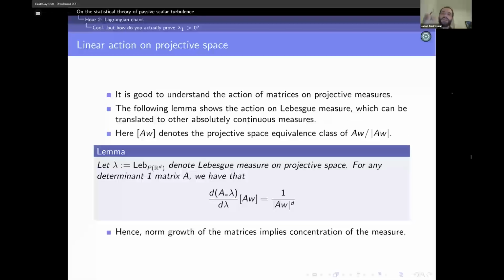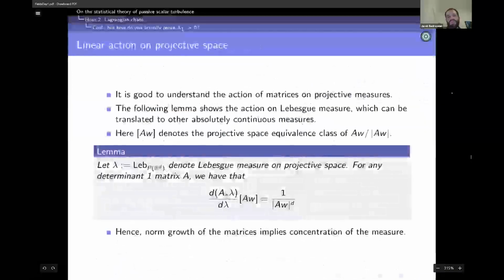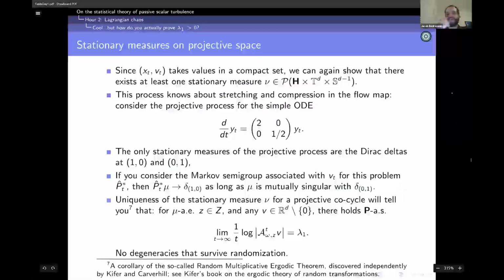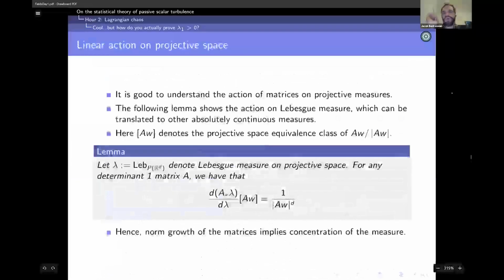So it's really important to understand how matrices act on projective space. This is key to understanding random dynamics. Let me just give these two slides and then we can contemplate.